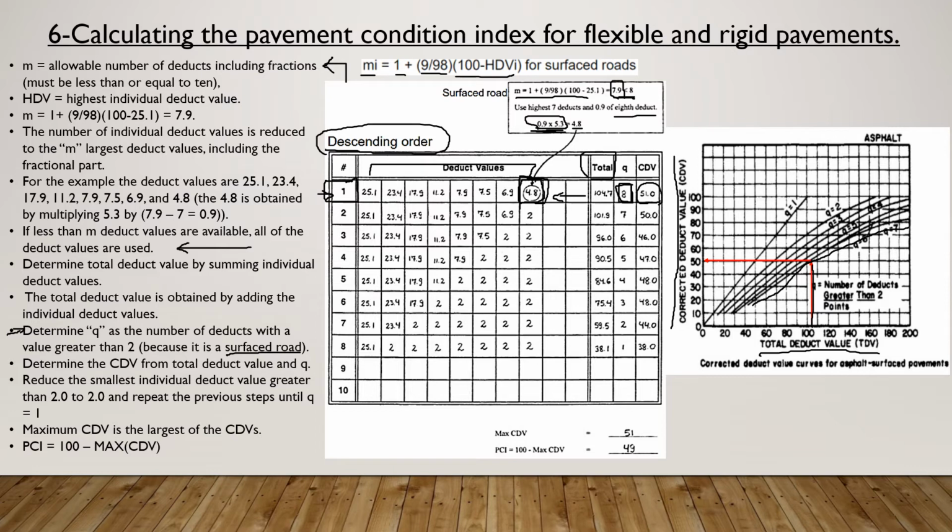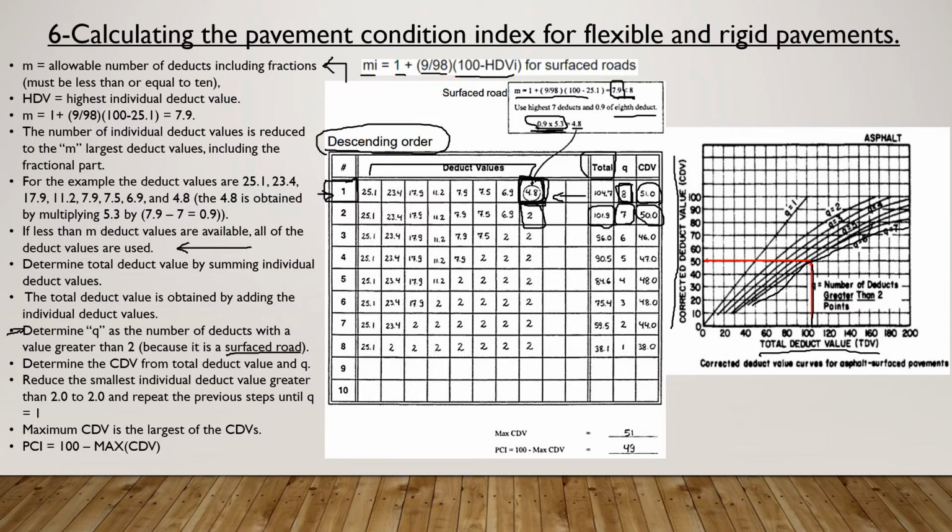So in the next iteration, the first deduct value that is more than 2 will be equal to 2. So here 4.8 is the first, or the smallest, deduct value more than 2, and it will be 2 in the next iteration. Then we will have 7 deduct values more than 2, and we calculate the total and then the corrected deduct value again.